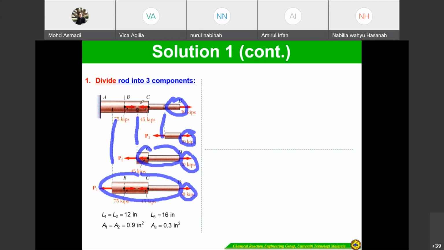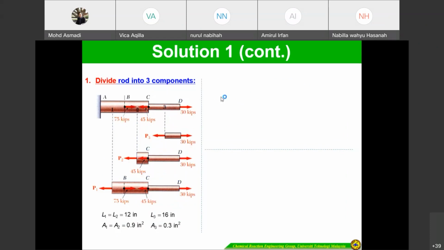Okay, so just calculate. If you look here, L1 is 12 inch. Let me check, sorry. L1 is 12 inch, L2 is 12 inch, and L3 is 16 inch.